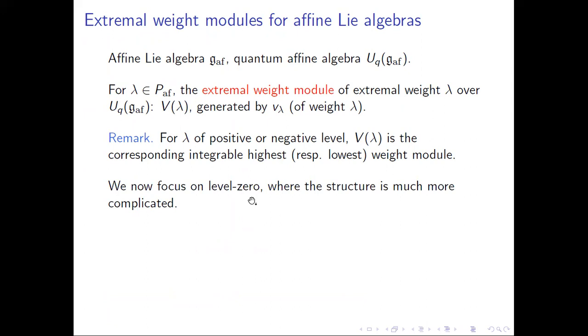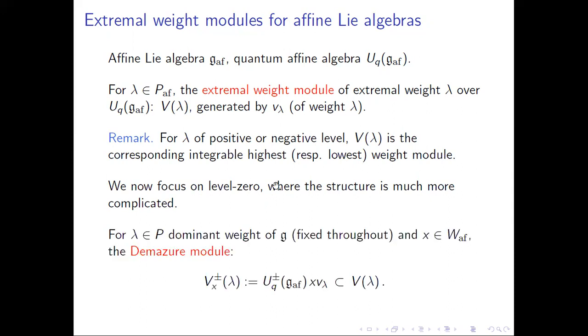Now we focus on level 0, where the structure is more complicated. And this level 0 is connected to Macdonald polynomials and to the geometry. And then if lambda is a finite dominant weight, then there is a Demazure submodule of these level 0 extremal weight modules, which is just obtained in the usual way.